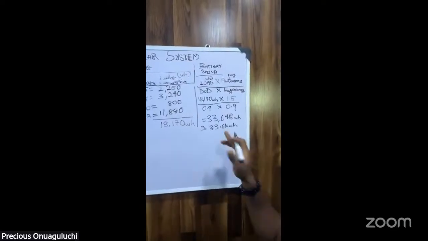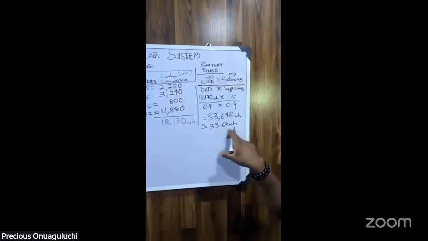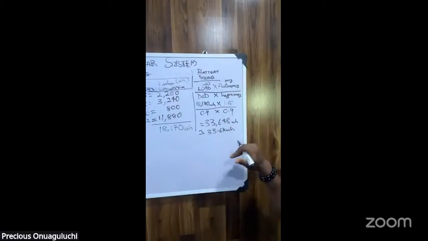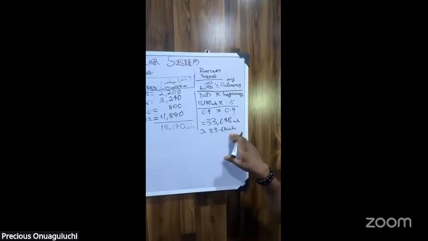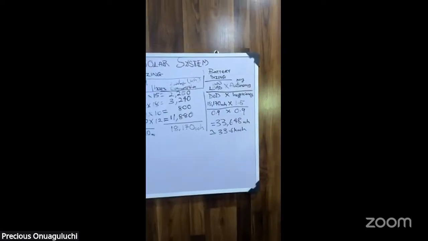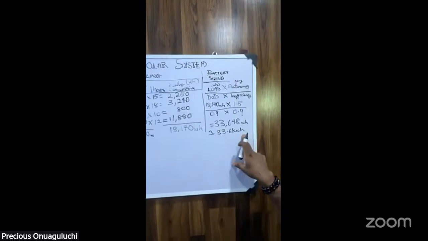However, we know that we cannot get a singular battery like this, so we can always go either higher or below. That's what you do when you see something like this. So the total battery size we need is 33.6 kilowatts.